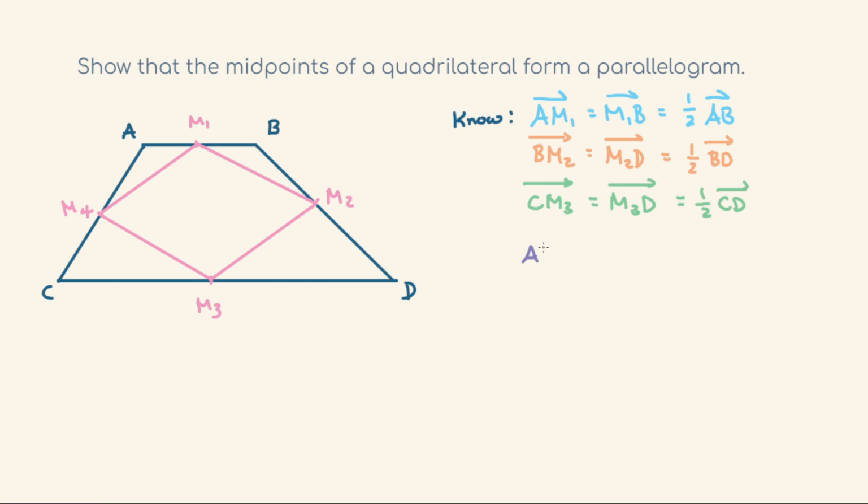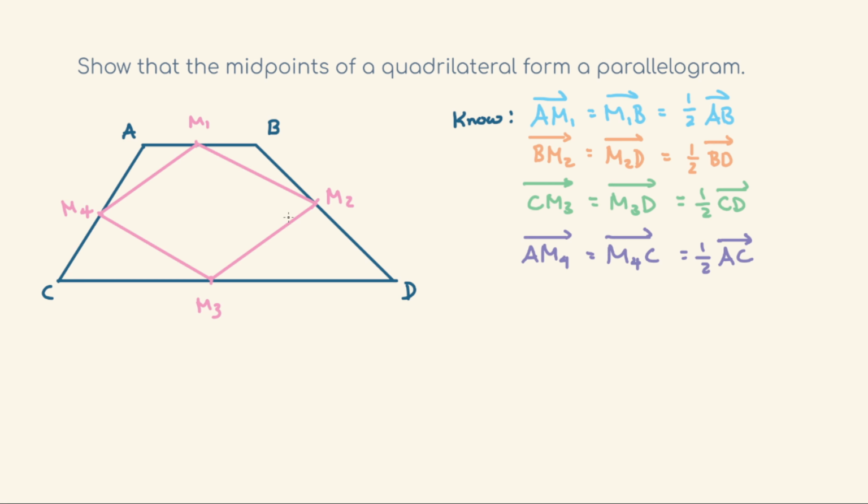So A to M4, this vector, is equal to the vector M4 to C, and they are both half of that vector A to C. So this is what we know so far. These four equations, that's what we're going to be using throughout our work. We're going to refer to this, and that's how we're going to get to our final result.